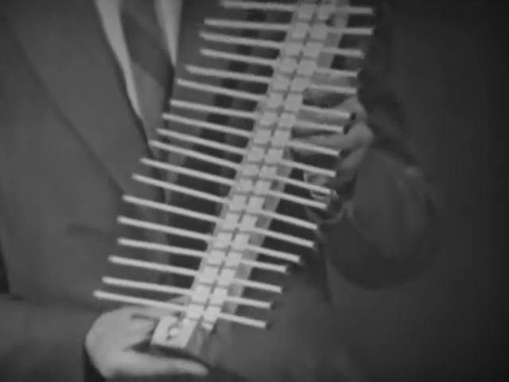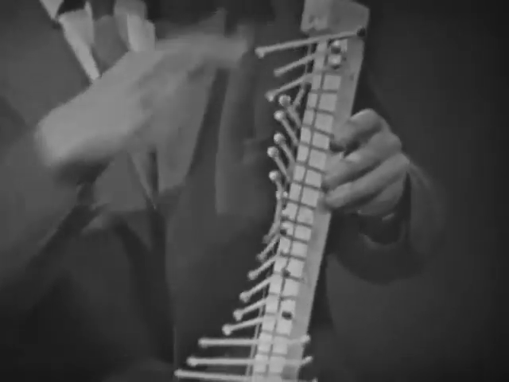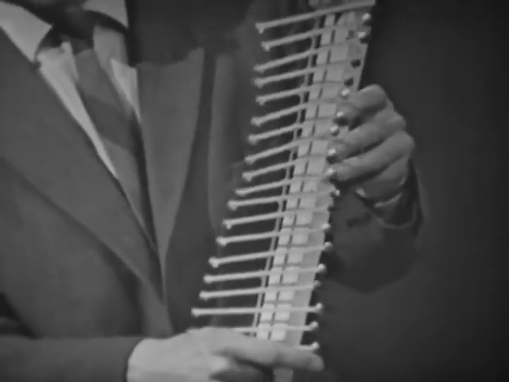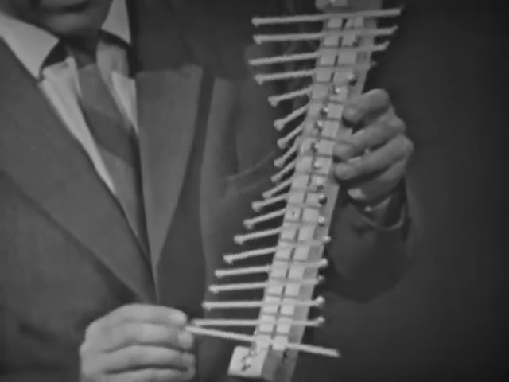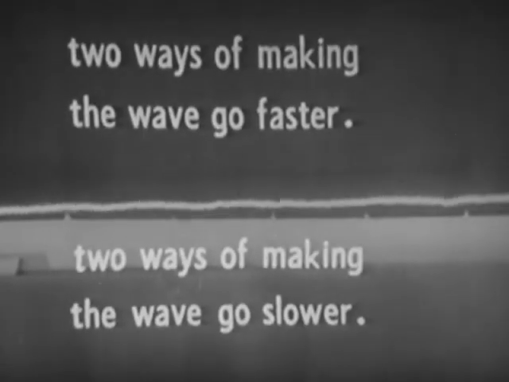Our machine is rather elaborate, but you can easily make a simple one for yourselves by taking a rubber band, gluing drinking straws to it, and fastening drawing pins in the ends. So I want you to think of two ways of making a pulse wave go faster and two ways of making a pulse wave go slower.